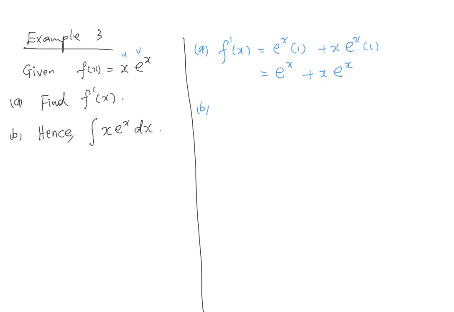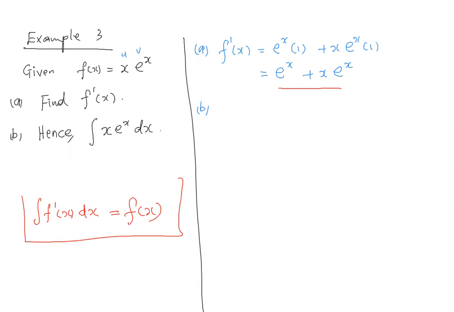This is the derivative that you got. If I integrate whatever I underline in red, what is the result? I know that if I integrate f prime x dx, I will get back my f(x). Am I right? So this is the concept of anti-differentiation. Okay, I will put the plus c at the end of it.